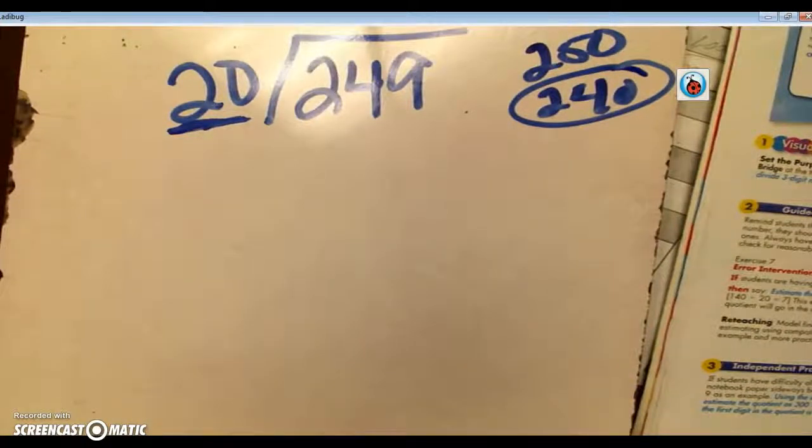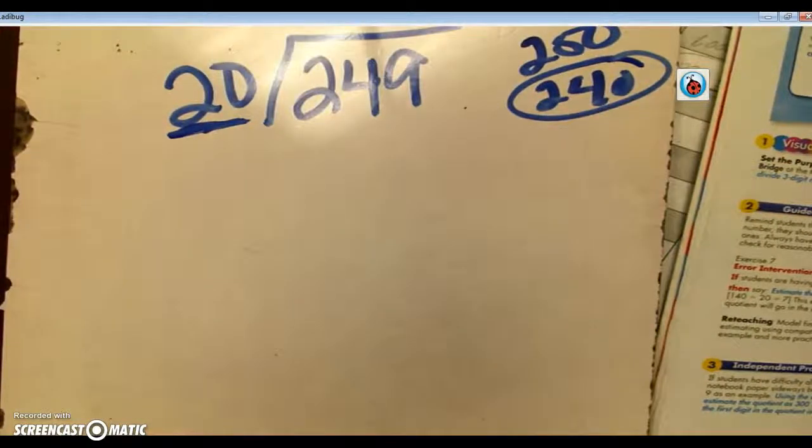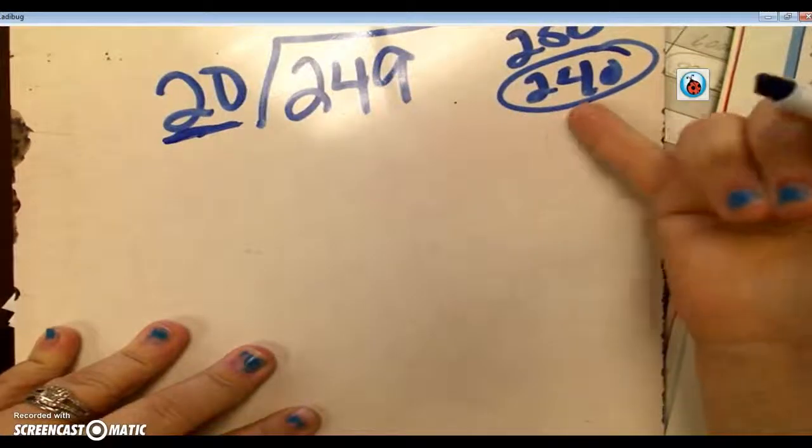Okay? How many times does 20 go into 240? Well, how many times does 20 go into 100? 20 goes into 100 5 times. 20, 40, 60, 80, 100, 5 times. How many times does 20 go into 200? 10 times. Okay? Then I have 240.